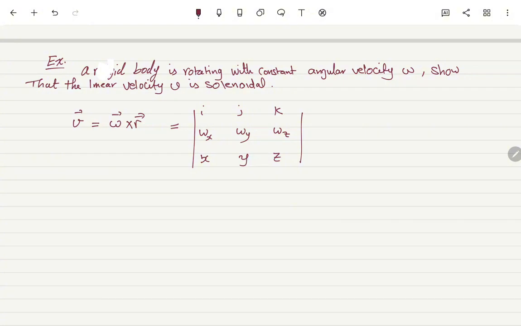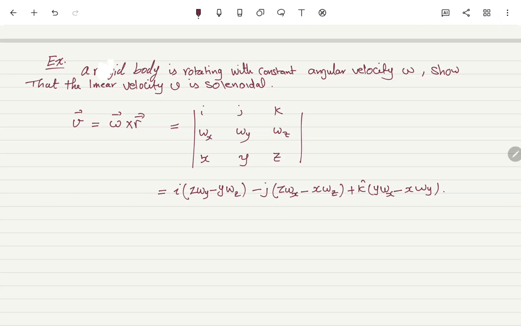When you solve this determinant here, you will get i (z omega y minus y omega z) minus j (you remember the rule how to solve this 3 by 3 determinant) (z omega x minus x omega z) plus k hat (y omega x minus x omega y).